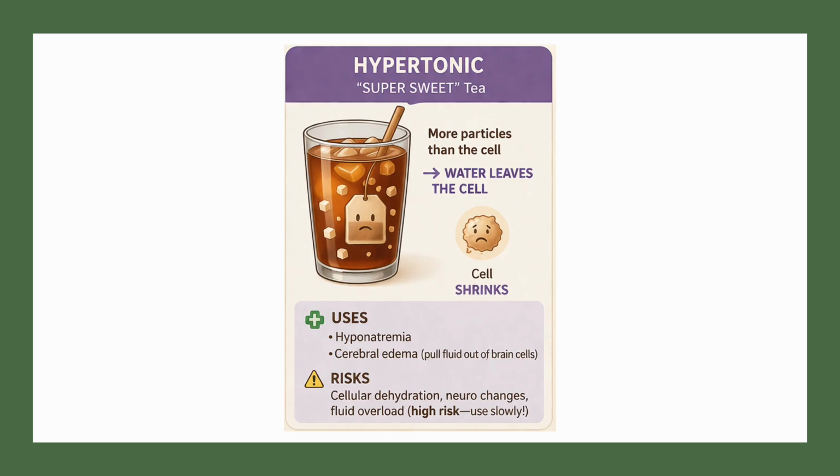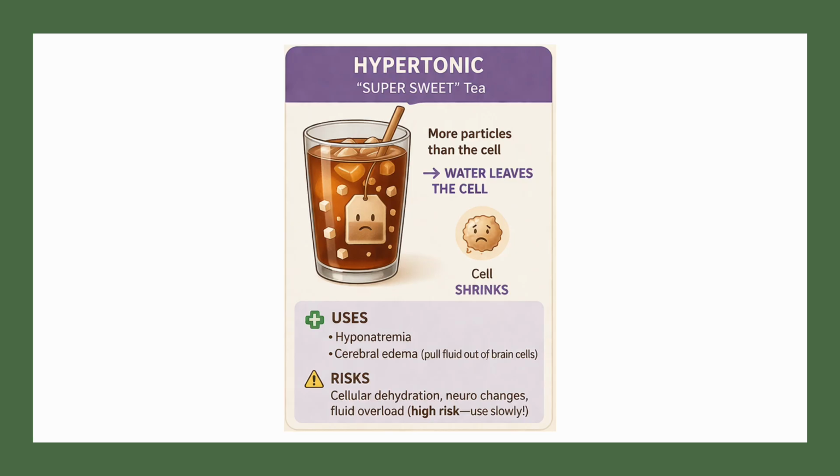You want to make sure that you're checking your patient for neuro changes, like confusion or even headaches. These can be changes or side effects of us giving a hypertonic solution inappropriately. And just like we had with isotonic, we still want to be very careful of fluid overload, just with the rate that we're giving these sorts of hypertonic solutions.